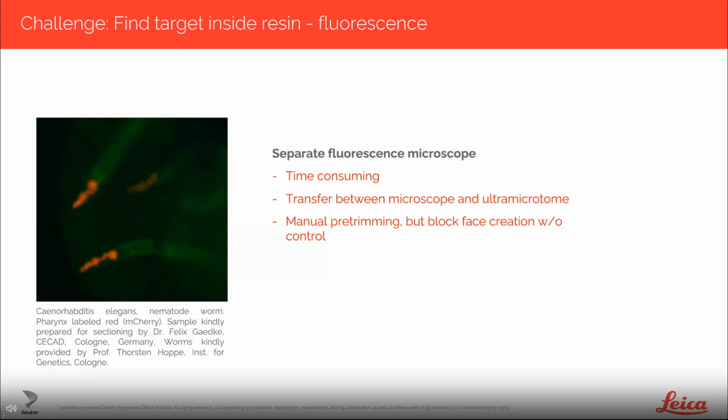And the trimming is actually done manually before you go to the ultramicrotome, but the block face creation itself is without a control. Now with the UC and UET, it's possible to observe the fluorescence directly on the ultramicrotome under room temperature and also under cryo conditions.